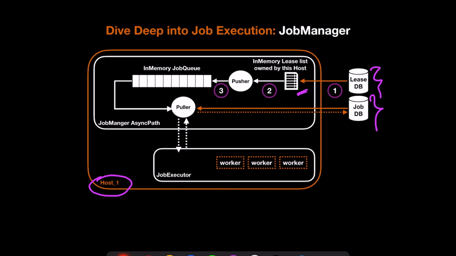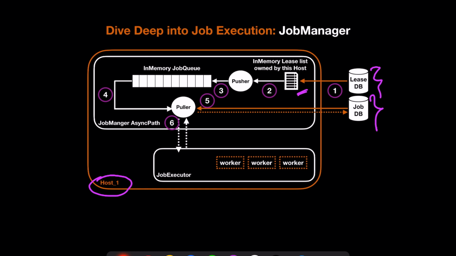There we have a puller in step 4. It reads the job out of the queue, and using the job ID, the puller also pulls the job metadata from the job database. When the puller has all the job information, it notifies the job executor to execute the job.